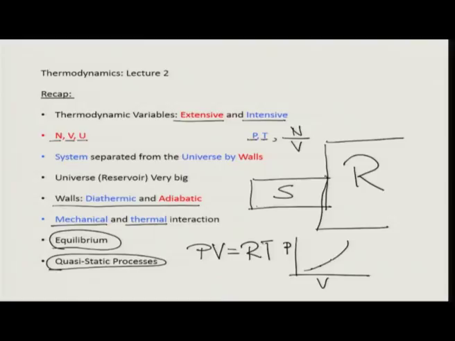So, a quasi-static process is very, very important to maintain equilibrium, and since I am maintaining equilibrium at every instant of time, I can write the equation of state. Okay? This is a brief recapitulation of the concepts of thermodynamics. I repeat, it is a macroscopic subject, but eventually the results we get at the end of the day will be the same as those which we obtained from the kinetic theory of gas.